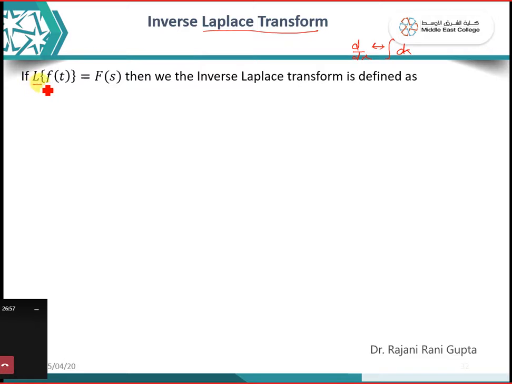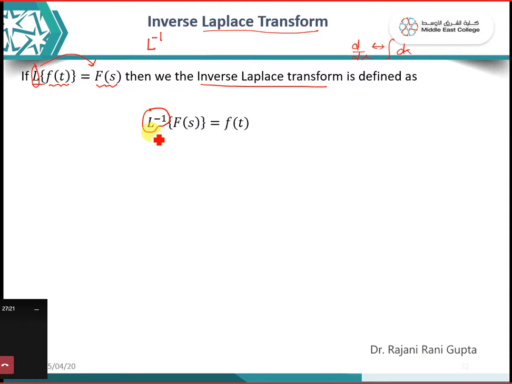If we denote the Laplace transform of any function of t as a function of s, then the inverse Laplace transform is defined as L inverse. We are using the notation L to the power minus 1. So see, this L will go to the other side.